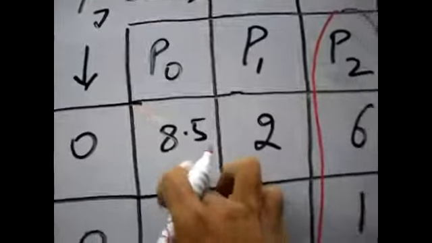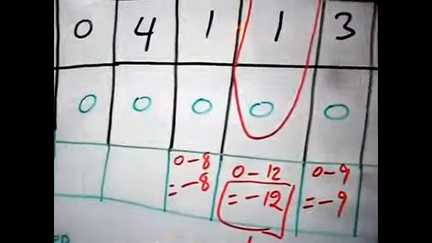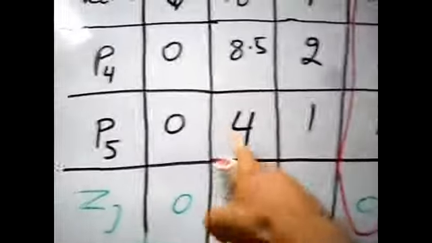The first ratio will be 8.5 divided by 6, because minus 12 is the least, less than minus 8 and minus 9. The second is 4 divided by 1, which is 4.